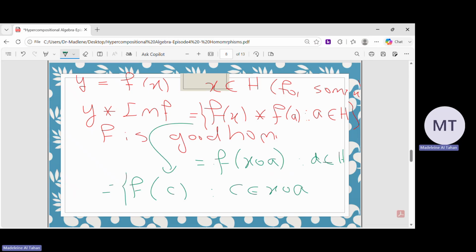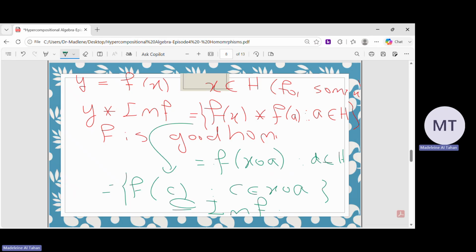It's all f of c such that c belongs to x round a. And this one, of course, is a subset of image of f. We proved here that y star image of f is a subset of image of f.